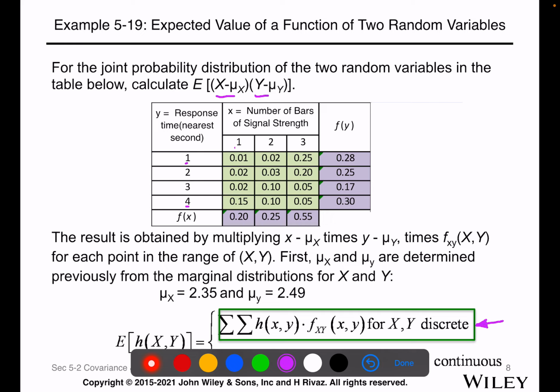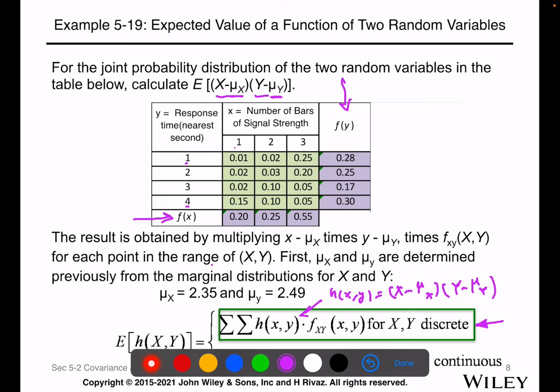So the h of x and y that's provided here is x minus mean of x times y minus mean of y. So this is h of x and y for this question. The question wants us to calculate mean of x and also mean of y, and that means that I have to calculate f of x and f of y.